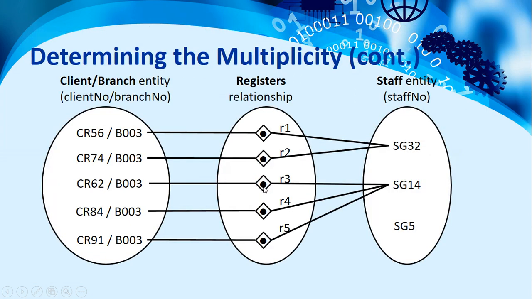So this time we paired the client and the branch entities. So a client under a branch was registered by a single staff. How did I derive this one?